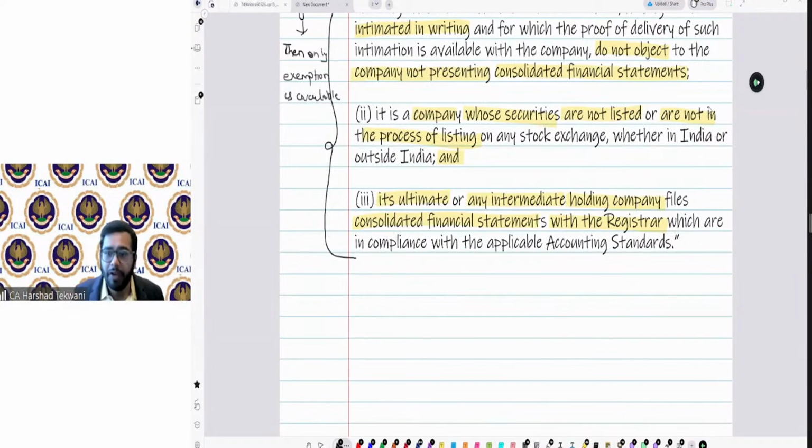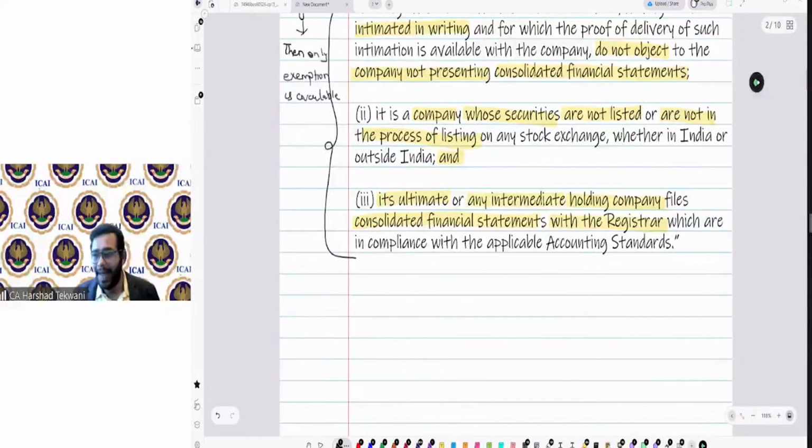The applicable financial reporting framework is Schedule 3 of the Companies Act. If some exemptions are given in the Companies Act, then I should be aware of that, because only then will I be able to evaluate whether the financial statements are prepared appropriately.